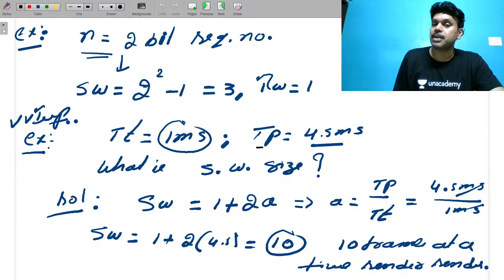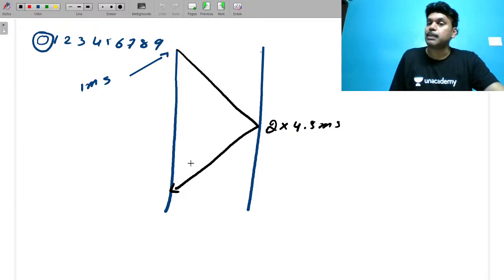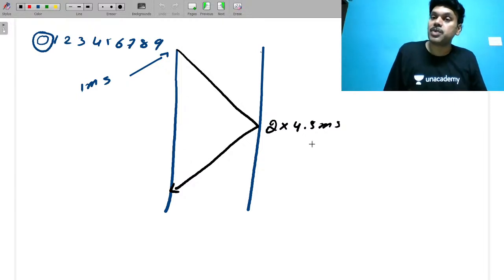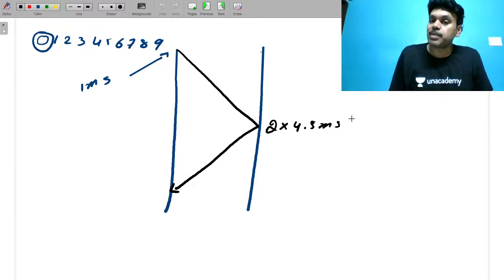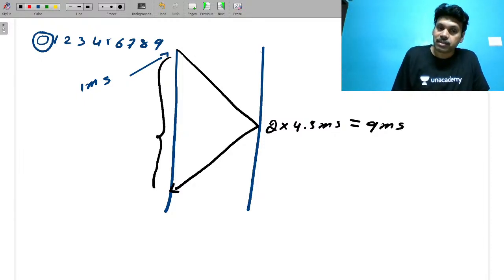That is the meaning of TP. TP is one side propagation delay, and the other TP is the acknowledgement propagation. How much time am I taking? 9 ms. So your 9 ms is your waiting time only.